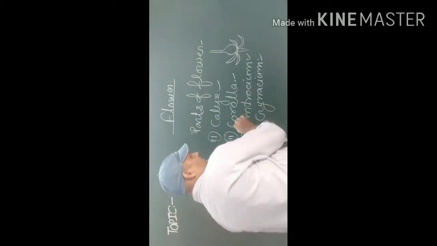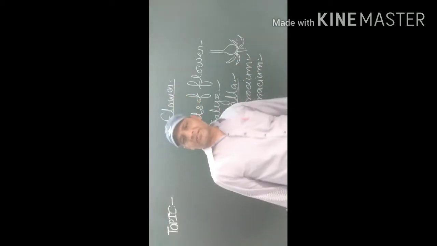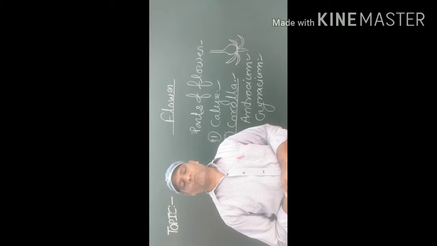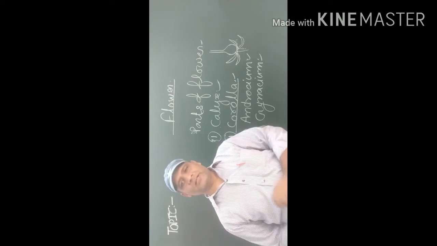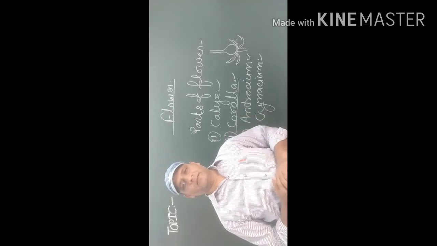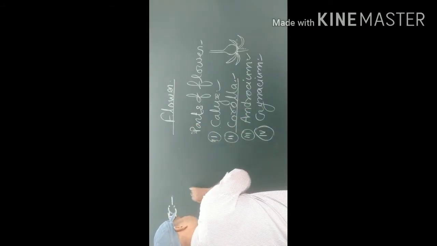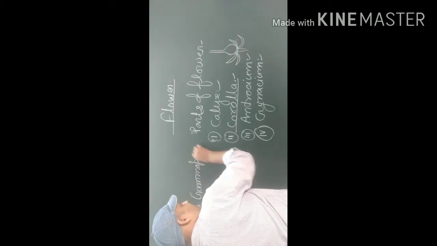Next is the corolla. It is the second whorl of the flower and is colorful. Each unit of corolla is known as a petal. When the petals are connected to each other, the term used is gamopetalous.